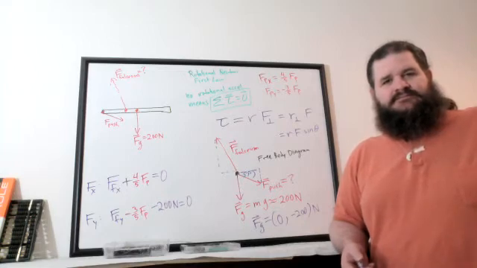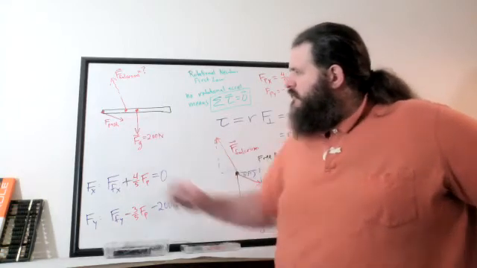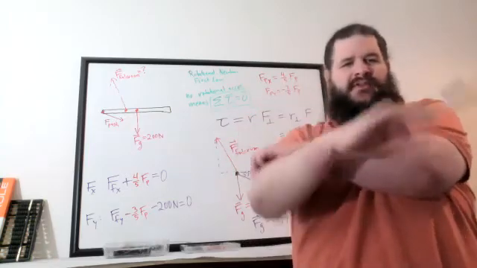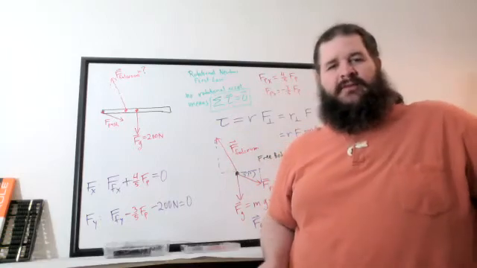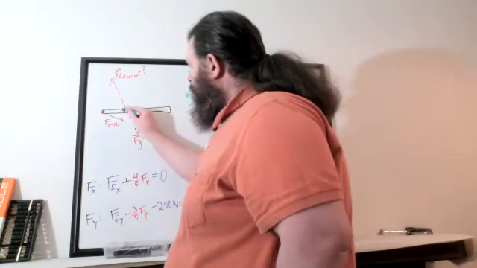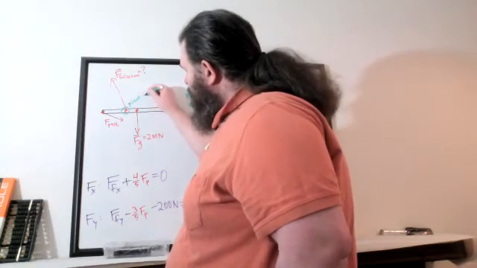Would it be either the fulcrum or where you press down? Yeah, I would say probably the fulcrum. If the push is too strong or too weak, it's going to make this rotate, but it's going to rotate around the fulcrum. The fulcrum is the pivot point here, or at least it's the hinge that everything's rotating around, the axis of rotation. So let's treat that as the pivot point.